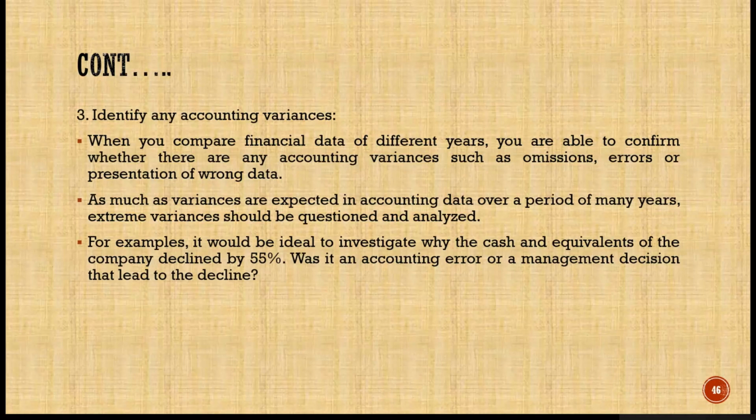As much as variances are expected in accounting data over a period of many years, extreme variances should be questioned and analyzed. For example, it would be ideal to investigate why the cash and equivalents of the company declined by 55%.